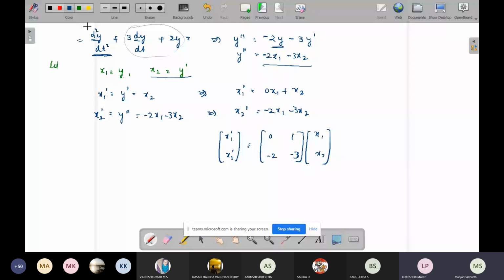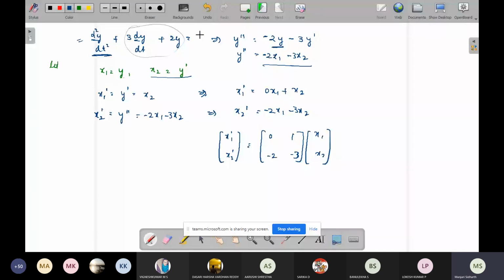You cannot include x3. It's up to the order of the differential equation. If the order is 2, you need to include only two dependent variables. That's it.